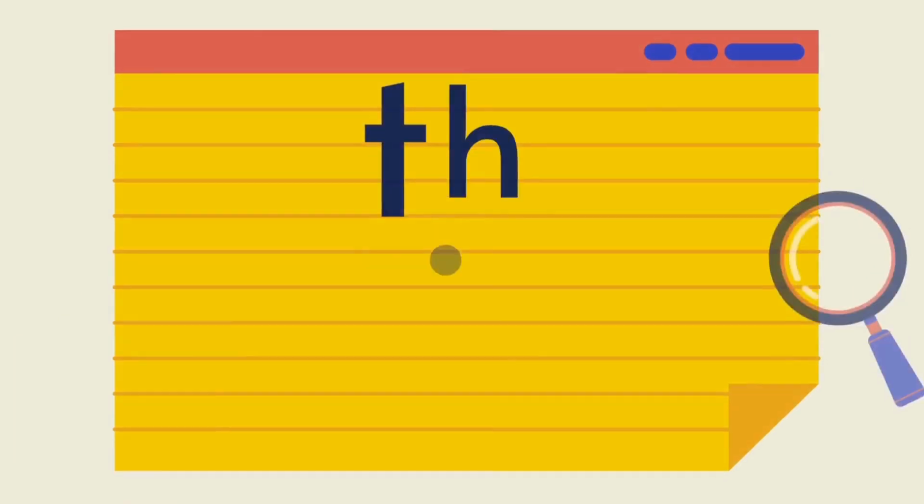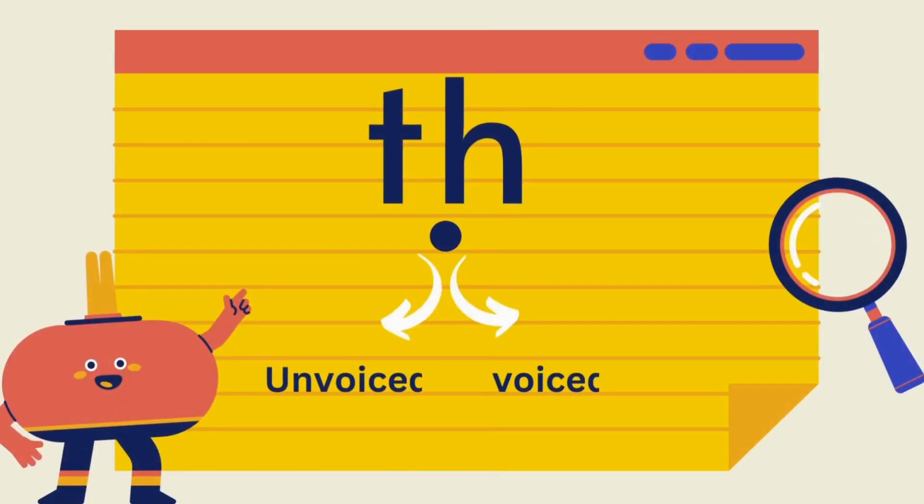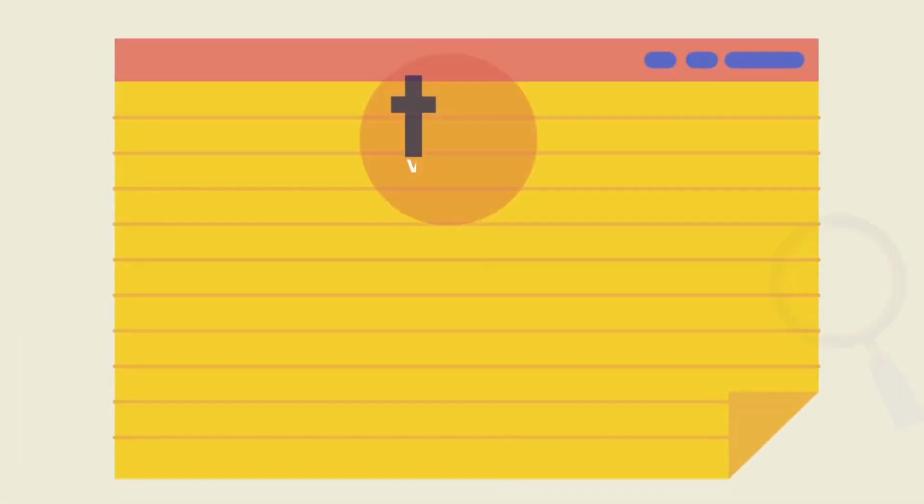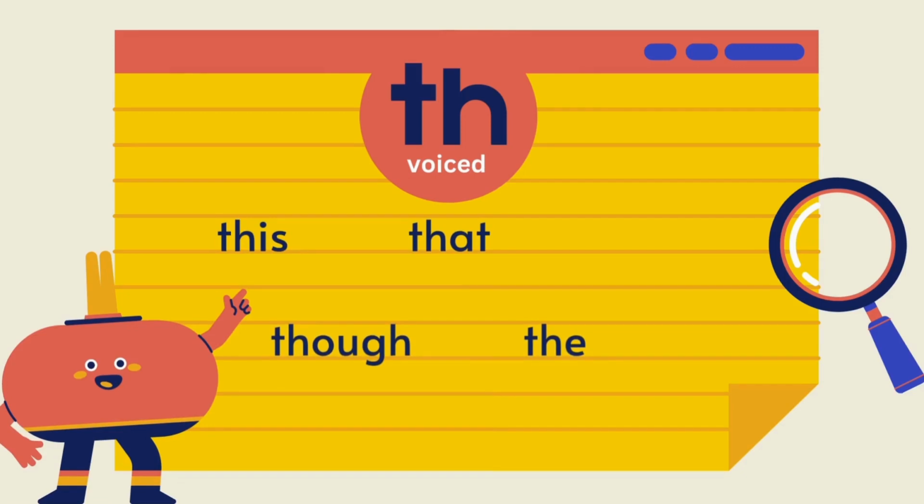The other category of sounds that these two letters together make as a digraph is called voiced or hard sound, as in the words this, that, though, the. So here, the voiced sound is the, while the unvoiced is th, th, th.